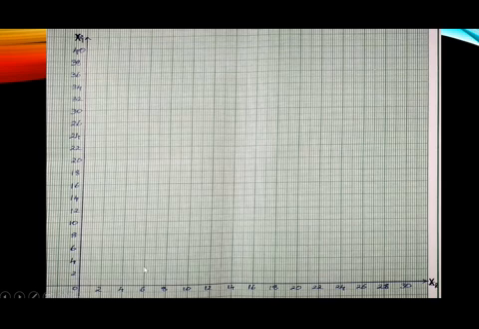I am considering the scale as 2: 0, 2, 4, 6, 8, 10, 12, 14, and so on up to 40 along x1, and 0, 2, 4, 6, 8, 10, and so on up to 30 along x2. This will be your first quadrant area where you will get the solution.